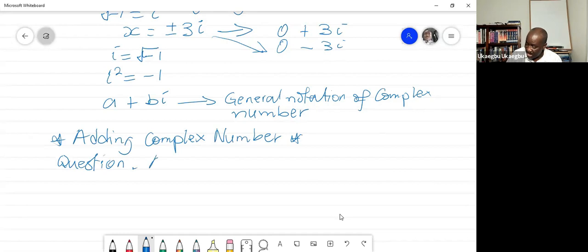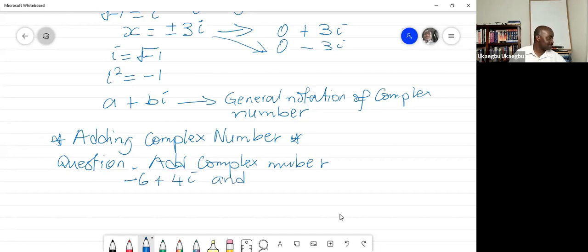Question: add complex numbers. The complex numbers I want us to add are -6 plus 4i and 4 minus 7i.